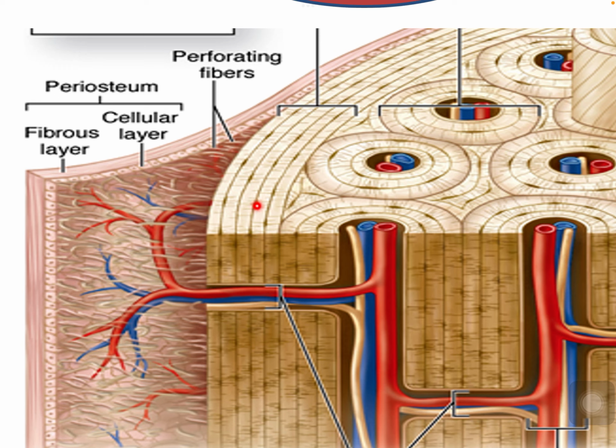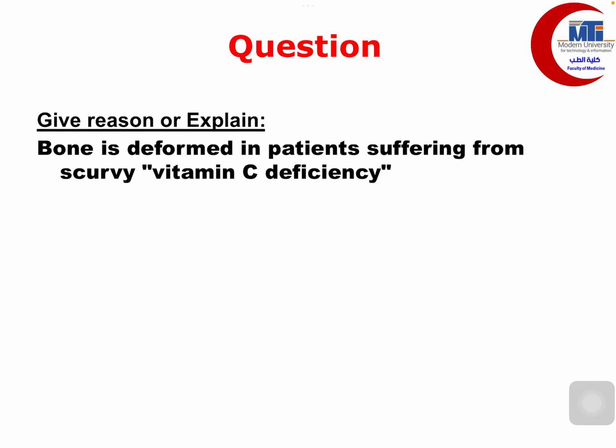So you can notice here that the osteocytes lie inside lacunae, and there are canaliculi arising from these lacunae to connect different lacunae together in different bone lamellae, where the processes of the osteocytes continue inside these canaliculi to connect to adjacent osteocytes, and so on.